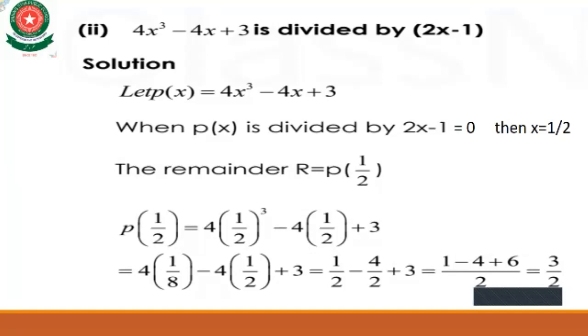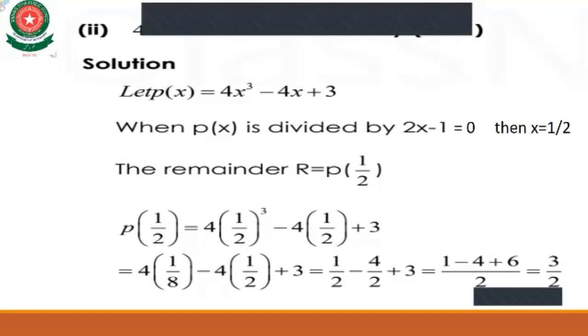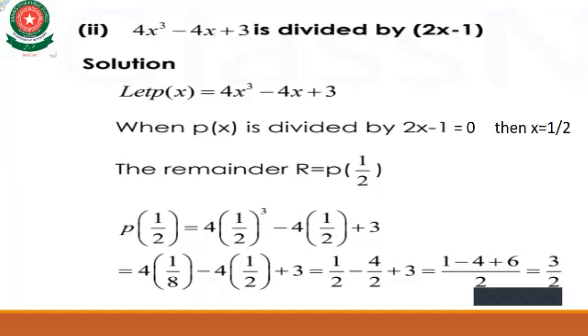P of 1 by 2 is equal to 4 into 1 by 2 whole cube minus 4 into 1 by 2 plus 3. 1 by 2 whole cube, that means 1 by 8. There is the fraction 4 by 8, that will cut, 4 ones are 4, 4 twos are 8. That will be changed into 1 by 2 minus 4 ones are 4, 4 by 2 plus 3.